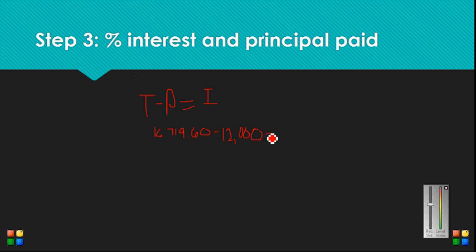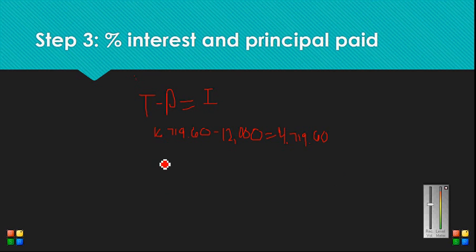That's equal to $4,719.60. So $4,719.60 is how much interest you're paying on a $12,000 loan.